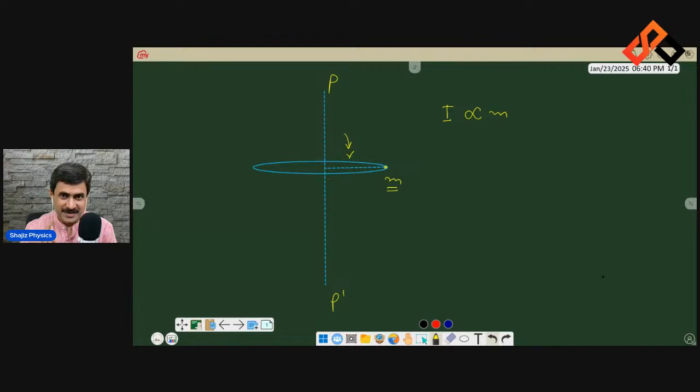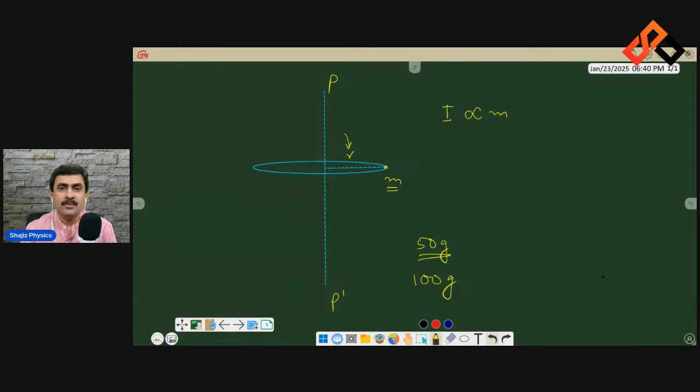If you are taking an object of 50 gram and rotating it at a speed of 2 meters per second, and then replacing this mass with 100 gram and rotating it at 2 meters per second with the same radius, both are rotated at the same radius.